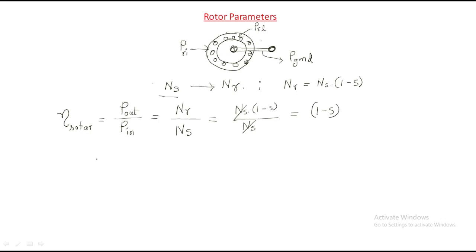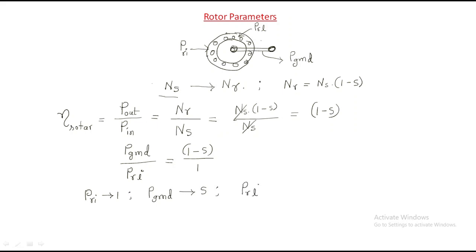What is rotor output? Rotor output is the gross mechanical power developed, PGMD, and we divide it by the rotor input. The relation is 1 minus S by 1. That means whenever the rotor input is 1, the gross mechanical power developed is 1 minus S. Then what is rotor loss?